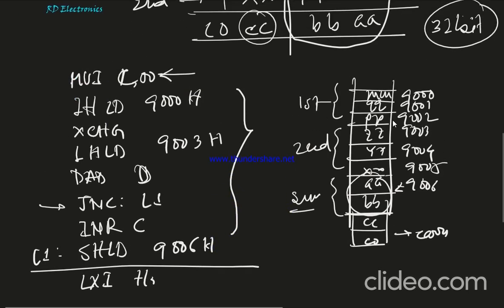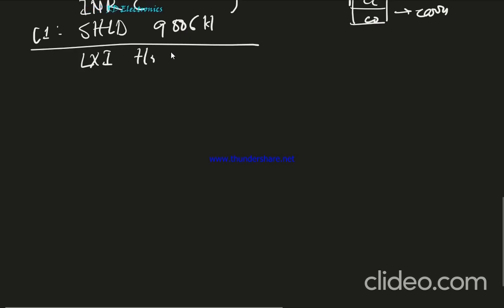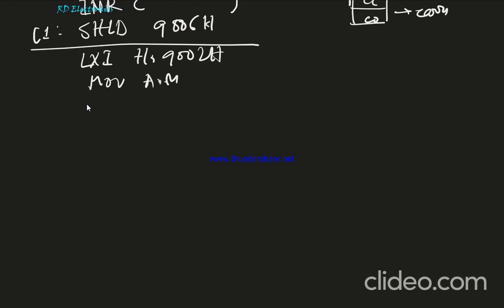That means here this is 9002 and this is 9005. Yes, right, this is 9002, and transfer it to the accumulator, and again LXI H 9005, and then the addition operation is performed.